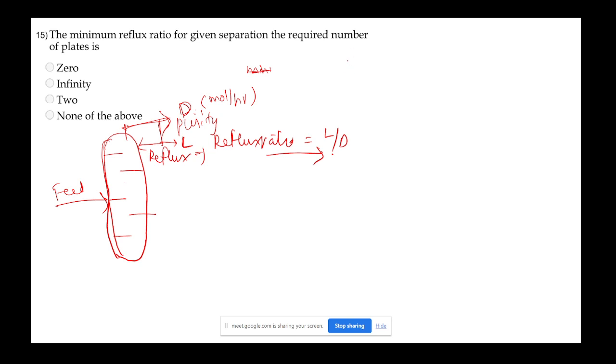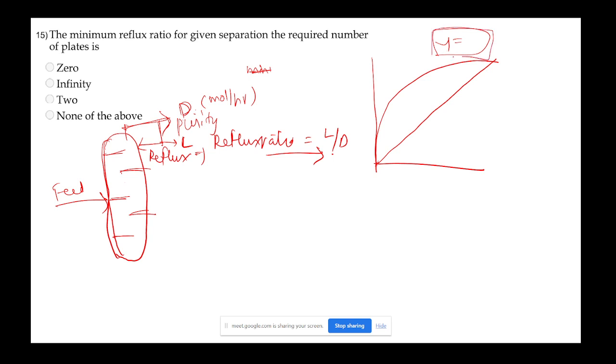Now, for minimum reflux ratio, to find out what number of plates you require, what you do is you plot this diagonal line, and this is the equilibrium plot. y equals to a certain function of x.